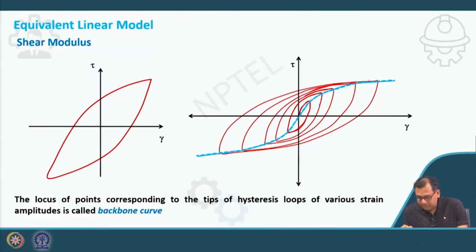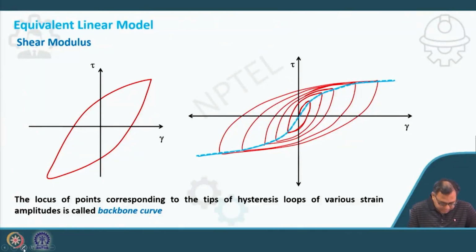Now before I go to this backbone curve, let me explain how to get the different shear moduli from a hysteresis loop. For example, this is a hysteresis loop, which is shear stress versus shear strain. In this hysteresis loop, you see that its modulus value is changing at every point.